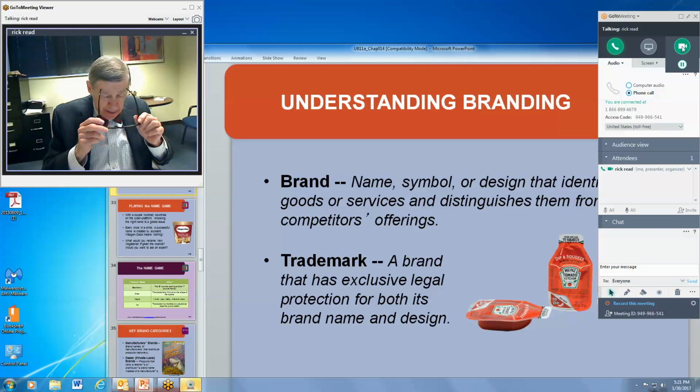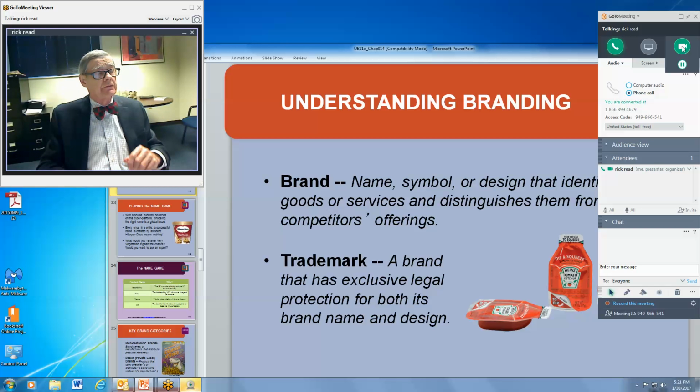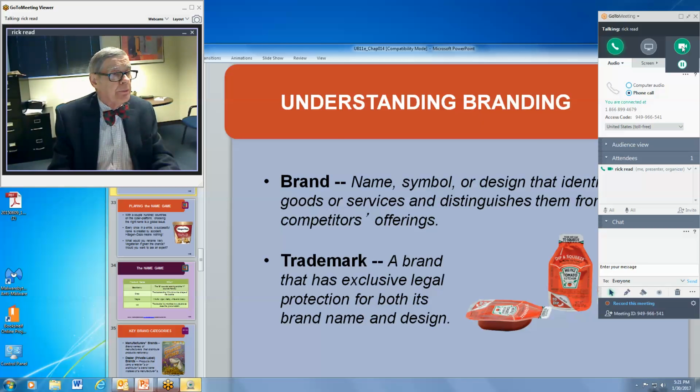Well, even though they don't want this, people ask for a Kleenex when they actually are asking for a facial tissue. Kleenex is a brand name owned by Kimberly-Clark. People will occasionally say Scotch tape.